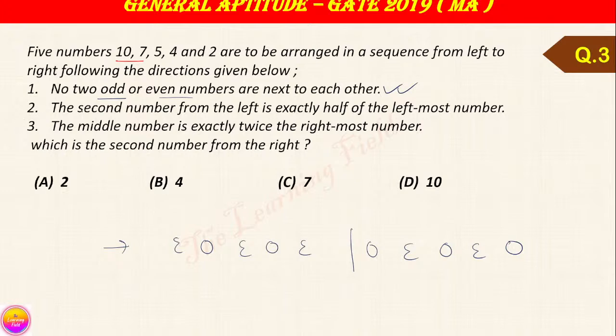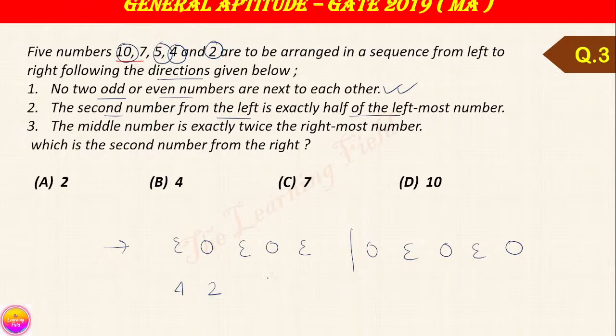The next direction says that the second number from the left is exactly half of the leftmost number. Therefore, two cases may occur here: 4 and 2, or 10 and 5, because the two pairs 4, 2 and 10, 5 are exactly half of the numbers.